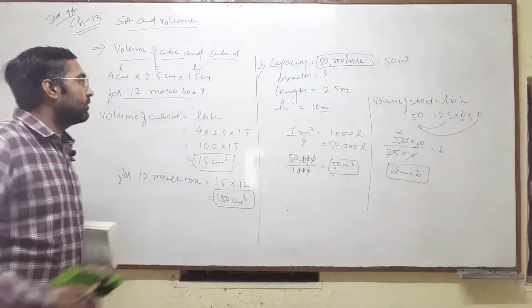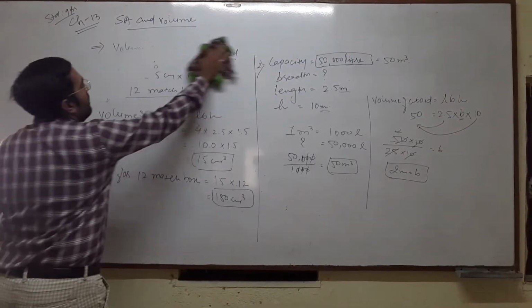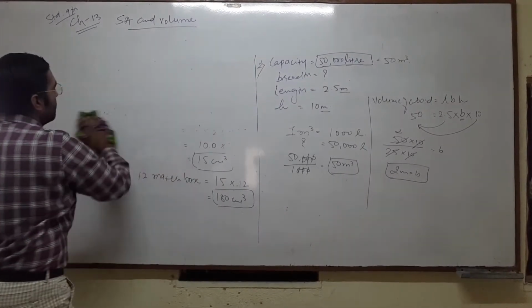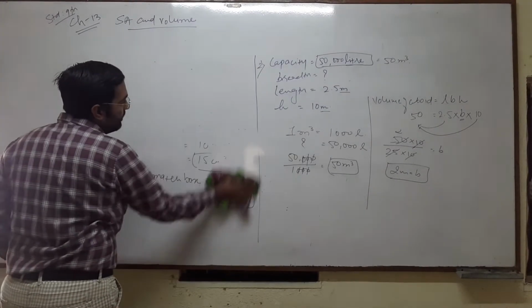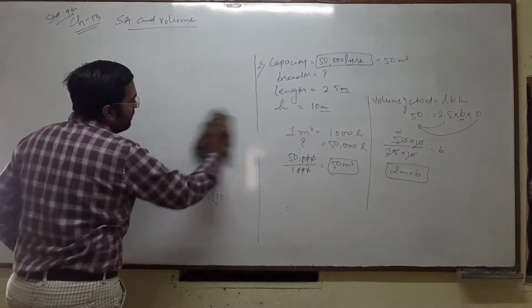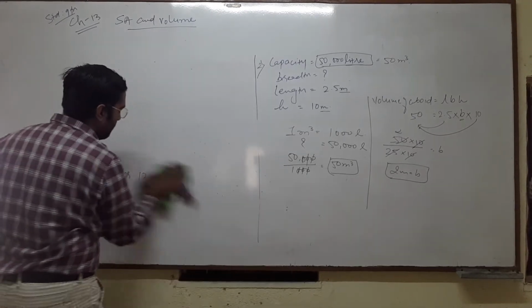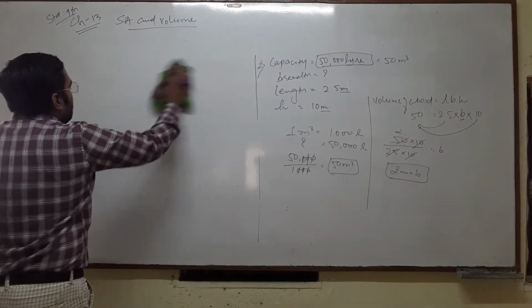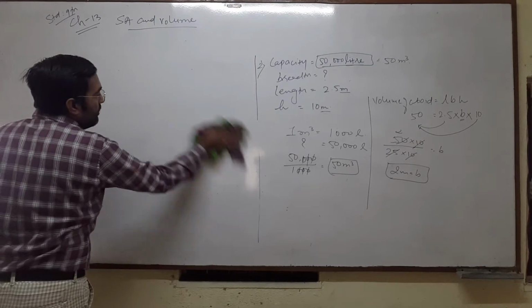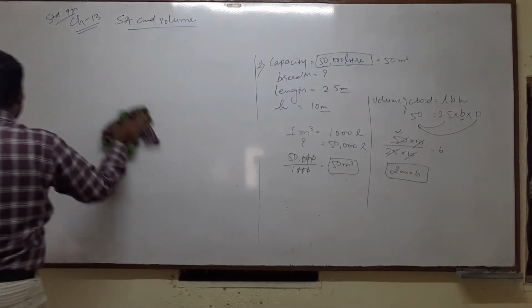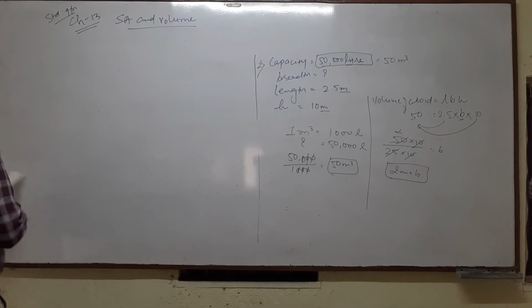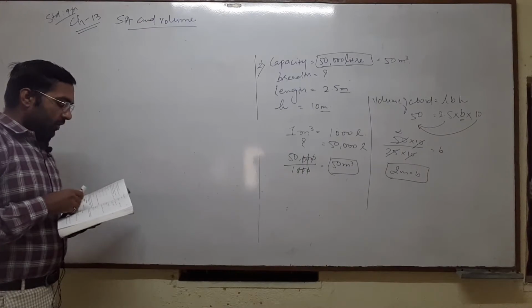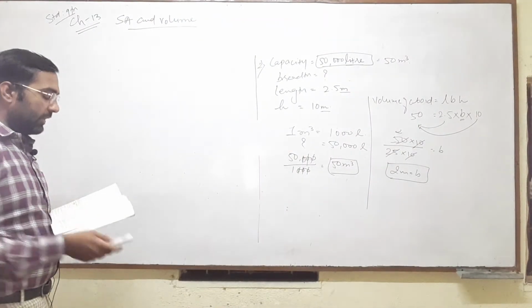We are moving on to another example of the volume of the cube and cuboid. Now my question is, volume of cube is 1000 centimeter cube.